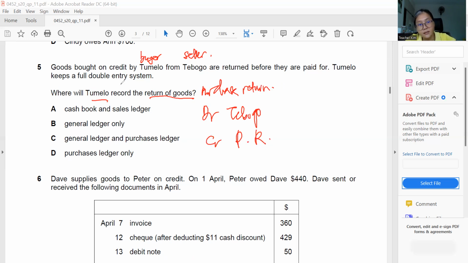Now where are we going to record this transaction, in what ledger? Tibogo is under the purchases ledger because supplier. Purchases return is under the general ledger. So there are two ledgers involved, purchases ledger and general ledger. So the answer should be C.